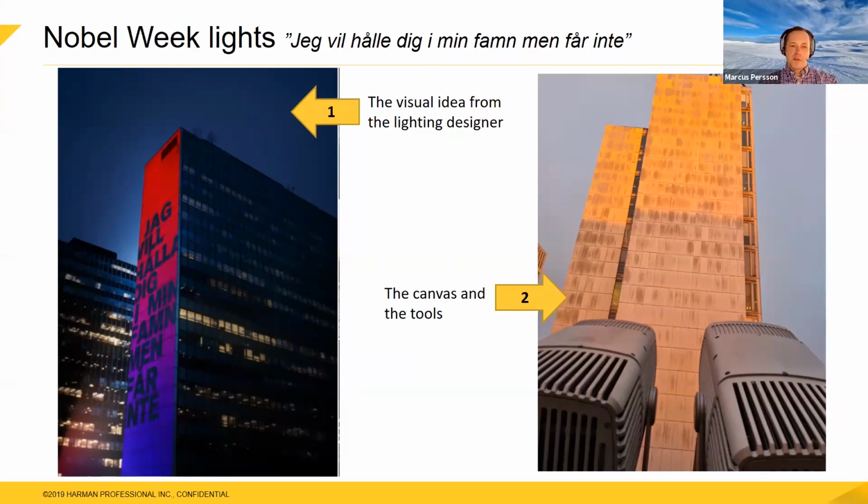This is the perfect project to show gobo mapping and keystoning, and also the big impact made with only 2 projectors. In picture number 1 to the left, you can see how the artist wanted it to look. And to the right, you can see the canvas and the position of the fixtures.